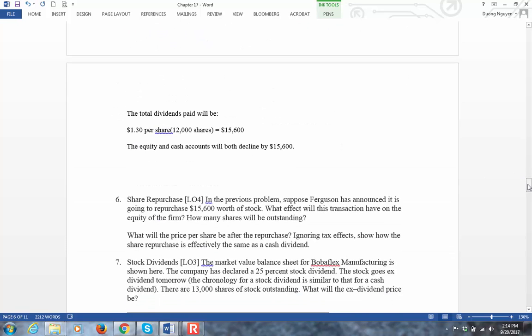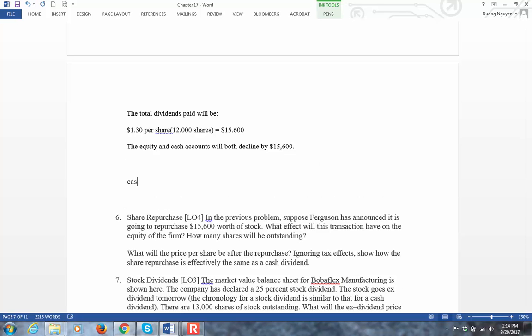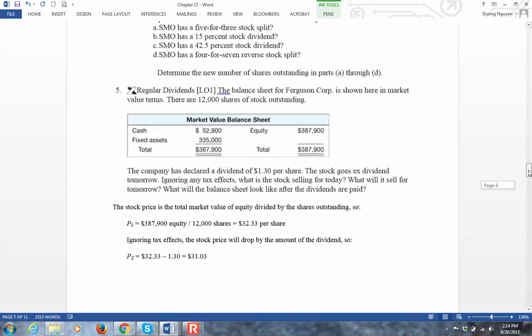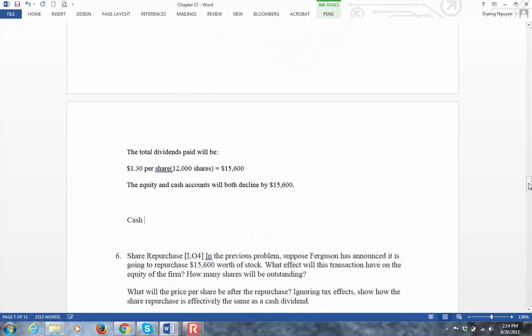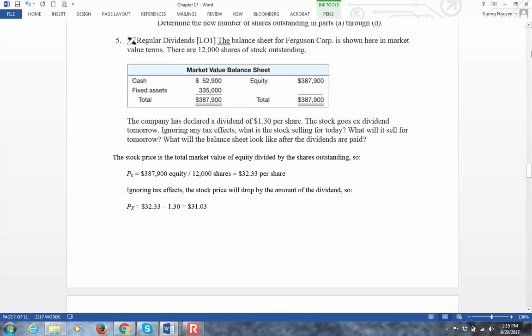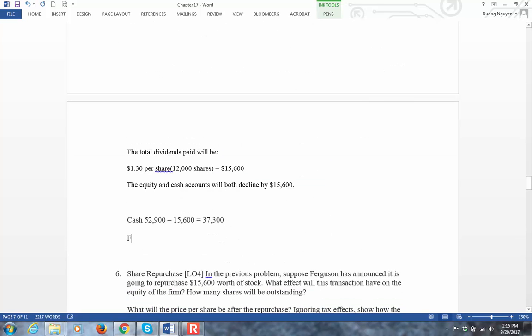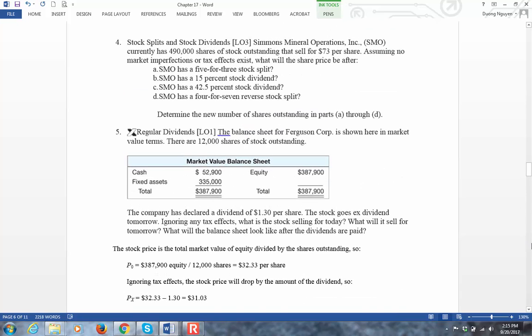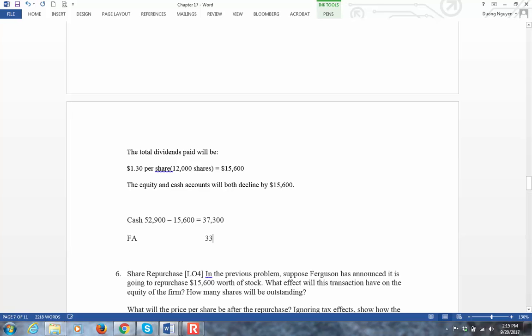Alright, so here is what the new balance sheet would look like. The amount of cash would be equal to 52,900 minus 15,600, which equals 37,300. Okay, and the amount of fixed assets remains the same, which is 335,000.